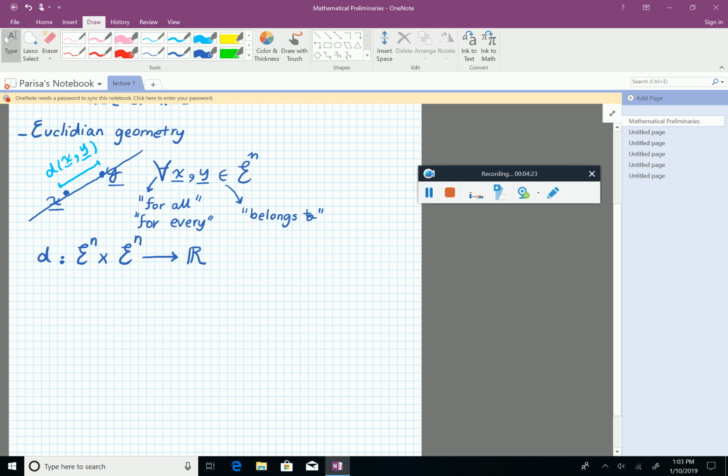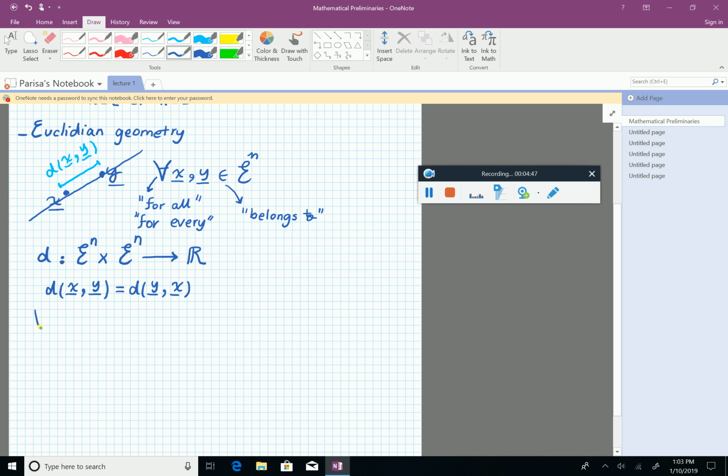So what are some properties of the distance? Something which is kind of obvious is that if we measure the distance between x and y, it's the same as measuring the distance between y and x. So the two arguments are interchangeable.